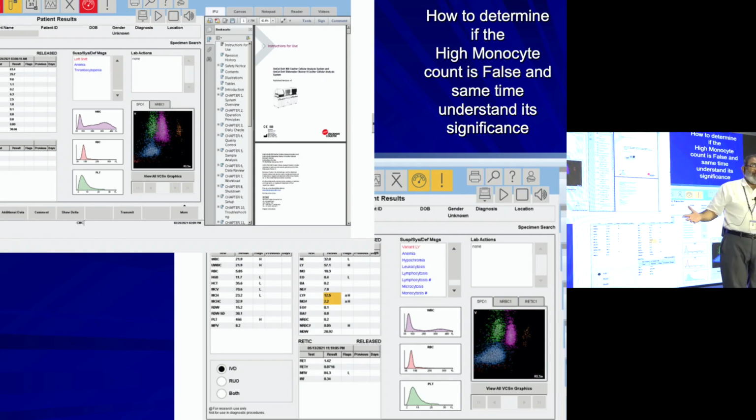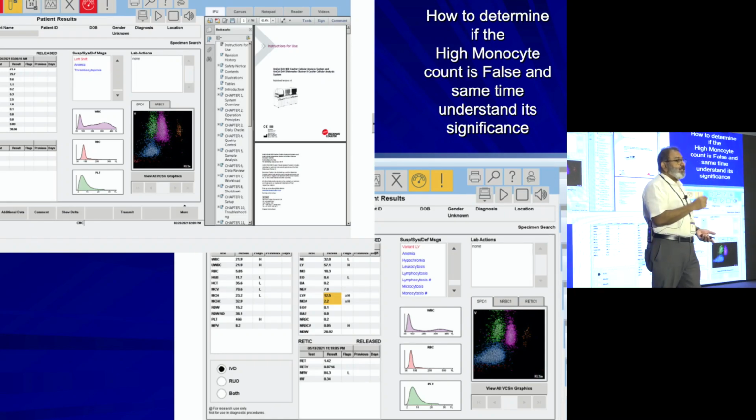So just imagine, when neutrophils become large and have low scatter, for the cell counter the neutrophil becomes a monocyte, because larger cell, low scatter, goes to monocyte. So this cell counter was identifying pseudo monocytosis. It was not monocytosis, it was neutrophils being identified as monocytes.